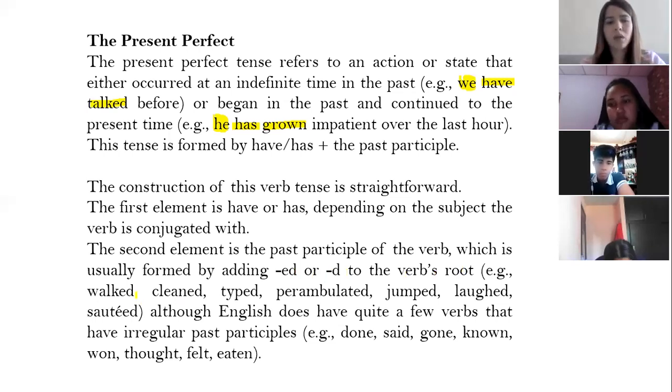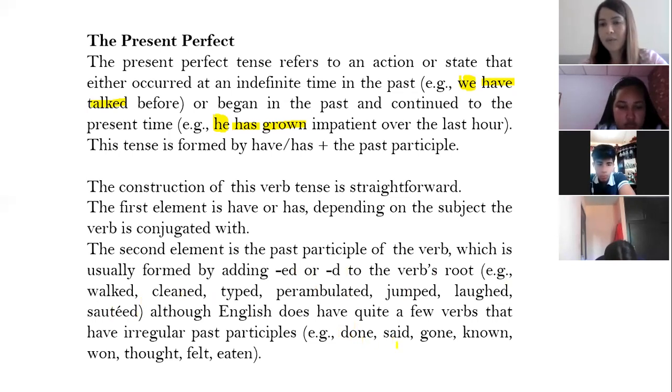For example, walked, cleaned, typed, perambulated, jumped, laughed, and shouted. Also, English does have quite a few verbs that have irregular past participles. For example, done, the base form of this verb is do, but the past participle of do is done.